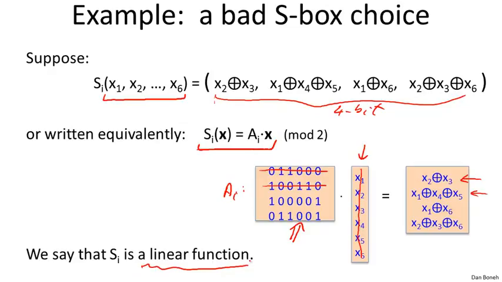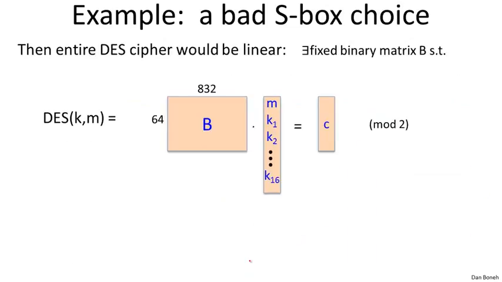Now I claim that in fact if the S boxes were linear, then DES would be totally insecure. And the reason is, if the S boxes are linear, then all that DES does is just compute XOR of various things and permute and shuffle bits around. So it's just XORs and bit permutations, which means that as a result, all of DES is just a linear function.